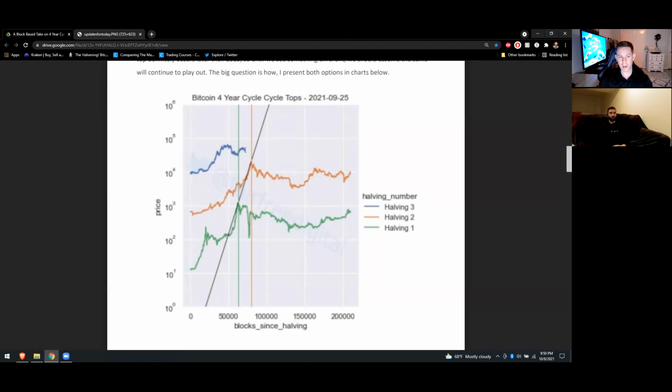But looking at it on a block-based model, you can see that the price started recovering at the end of summer on a block-by-block basis at the same time that we had the peak of 2013. And check out this 2017 chart, right? This top right here actually caused, well, you can't say caused, but the price fell. You went into one of your 30% corrections during this period of time. But it did the inverse in our cycle. It went up on the block count at the same time that the other one crashed.